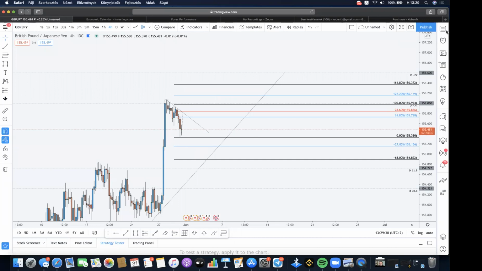I need to know the confirmations: go in the 78 and 61 zones, or minus 27 or 127, right? So yes, if the price in this case comes to the 78 or 61, I need a lower time frame confirmation to go short, right? Yes, correct.